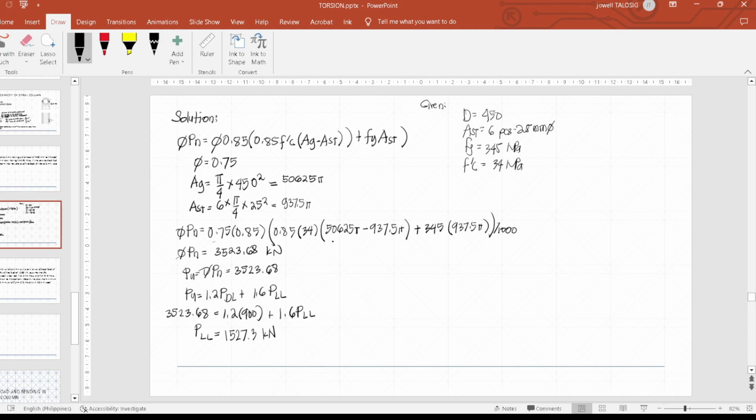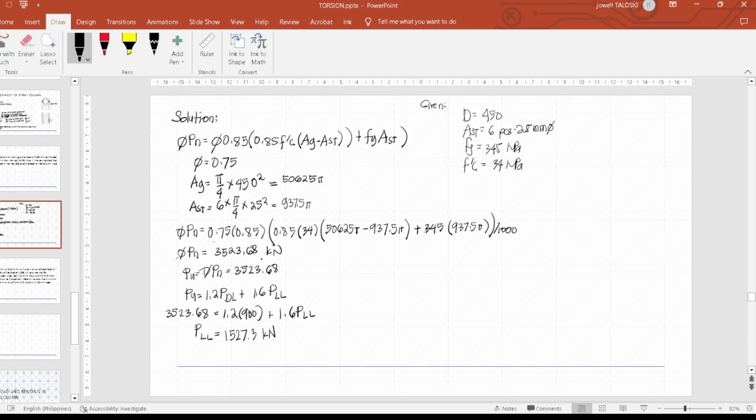And the problem gives the service dead load, which is 900. So, ang tinatanong dito, kukunin natin yung safe live load. So, we all know that our design strength should be equal to the required strength. So, that is Pu is equal to phi Pn. Okay? So, alam natin yung Pu, we can get the Pu from the actual load, which is equal to the combination of dead load plus live load, that's 1.2 PDL plus 1.6 PLL.